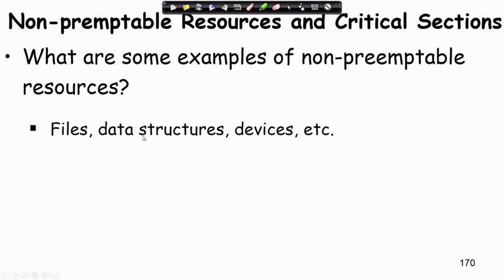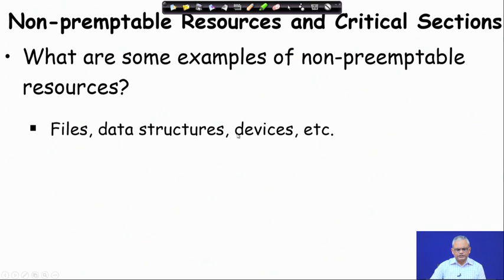So, files, data structures, devices, etc., are examples of non-preemptable resources, where one task once it starts using these resources must complete or come to a logical end of use of these resources before it can be preempted, otherwise the results will be inconsistent.